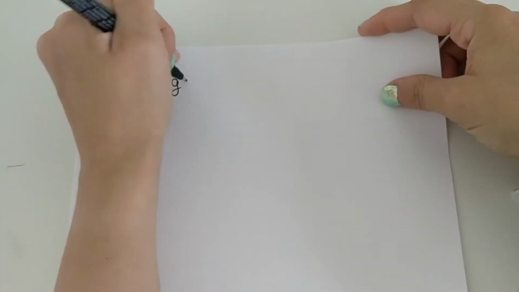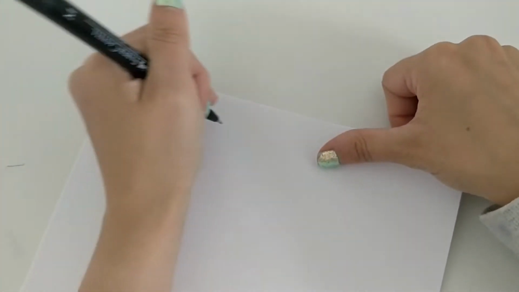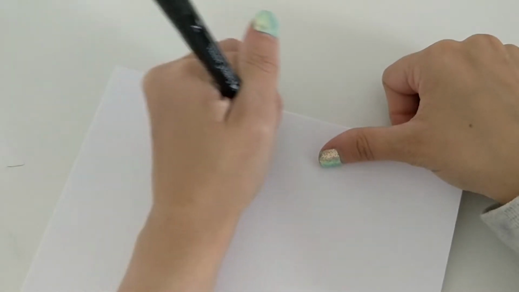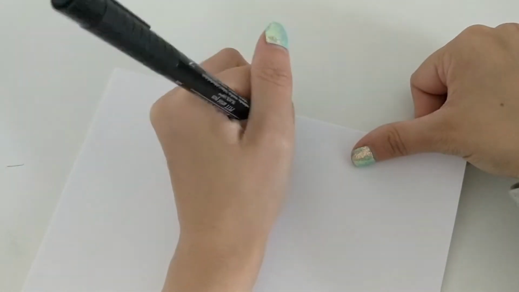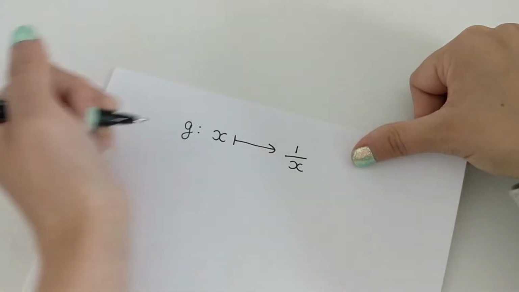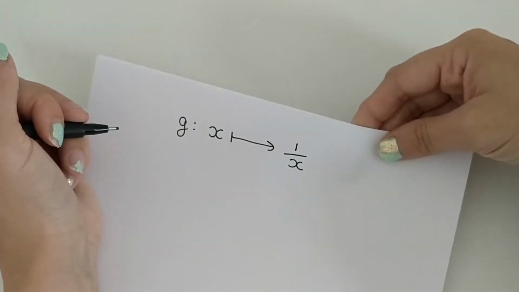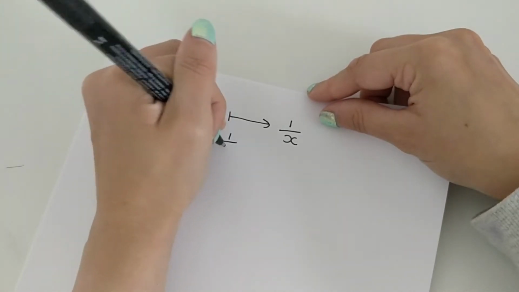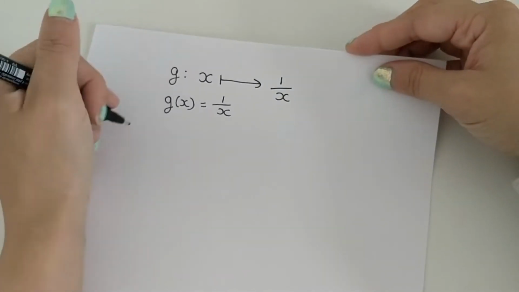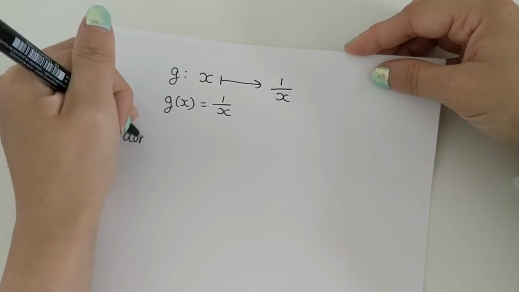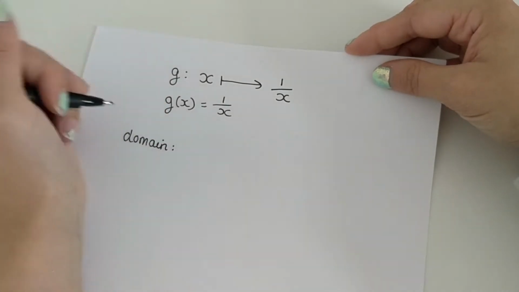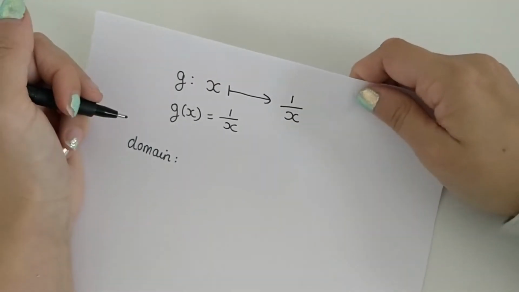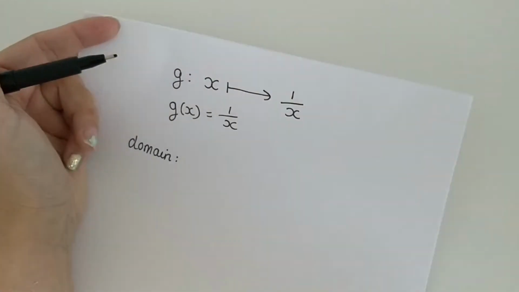Let's call this one g, and let's make it that x is mapped to 1 over x. So you could write this as g of x equals 1 over x. Let's think of a suitable domain. What are all the possible inputs for x here?